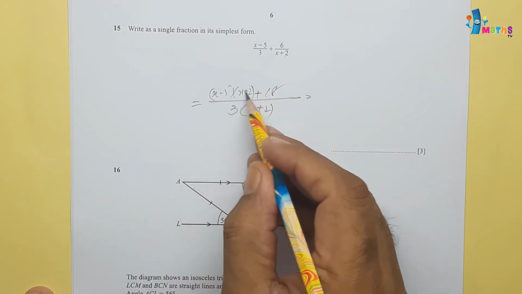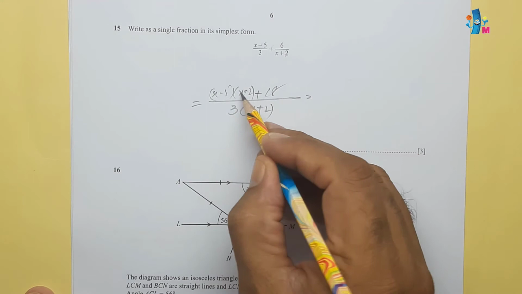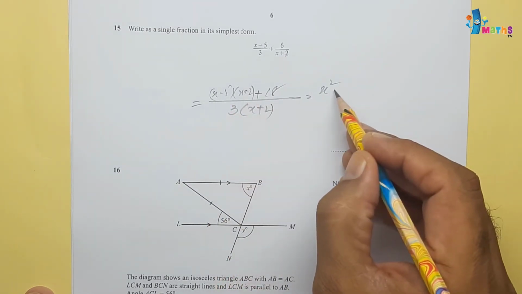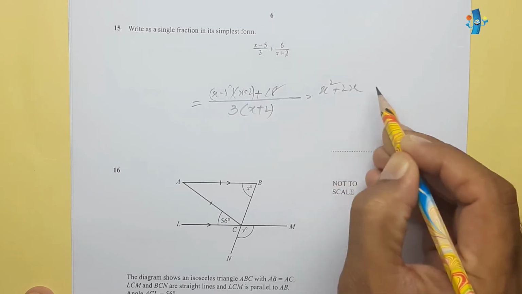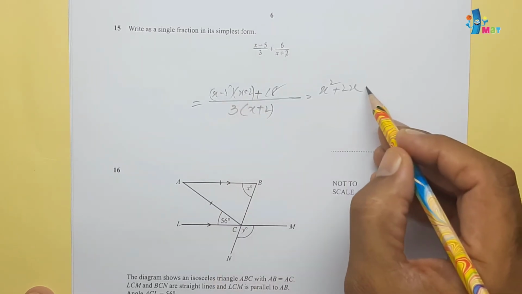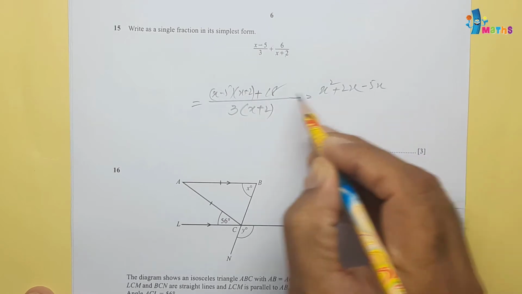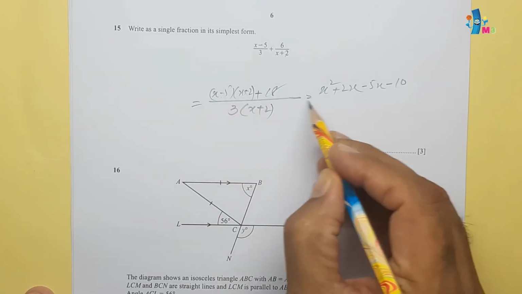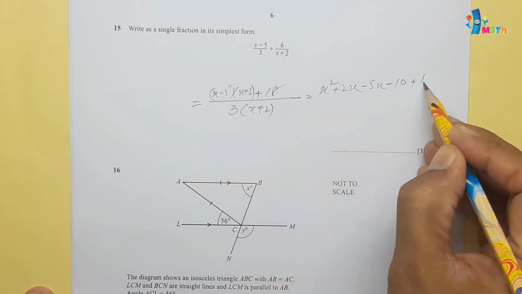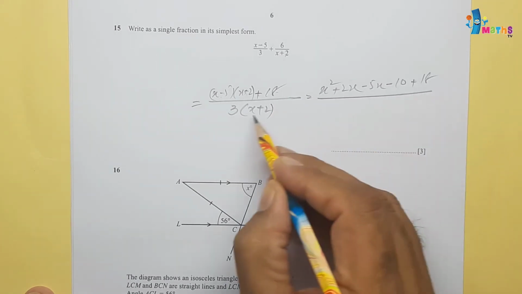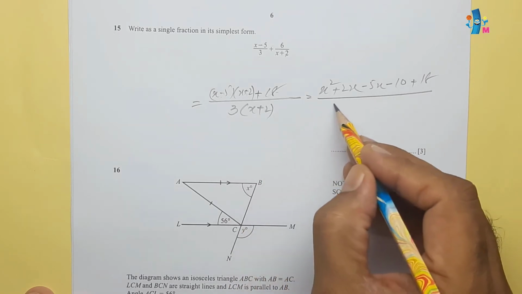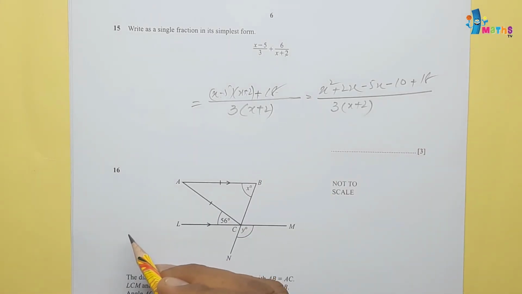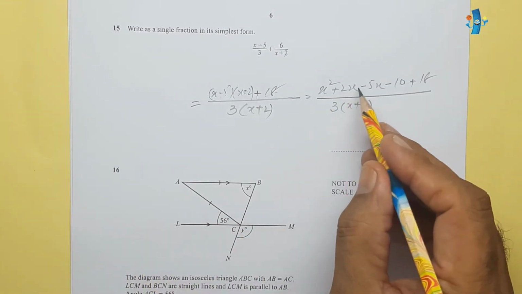Now we'll be opening this one. x multiplied by x will be x squared, and x multiplied by plus 2 will be plus 2x, and minus 5 multiplied by x will be minus 5x, and minus 5 multiplied by plus 2 will be minus 10, and plus 18, divided by 3 into (x plus 2). Now next is just simplification of this one.